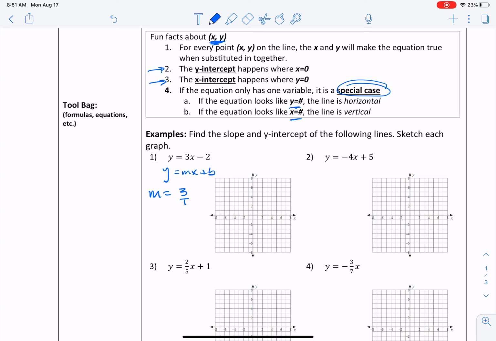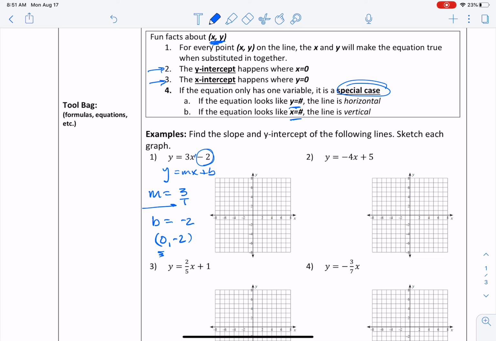We can always put whole numbers over 1. And b is -2, because it's the whole thing that goes with the b. Whatever the sign is, it goes with b. And that becomes the point 0, -2. So we can put whole numbers over 1, and y-intercepts always have a 0 in front.